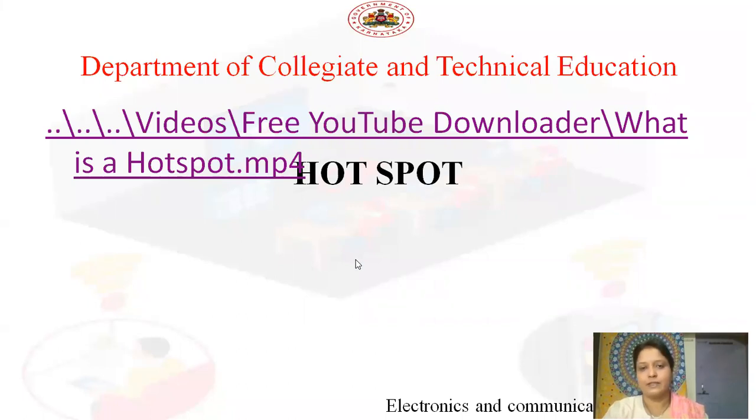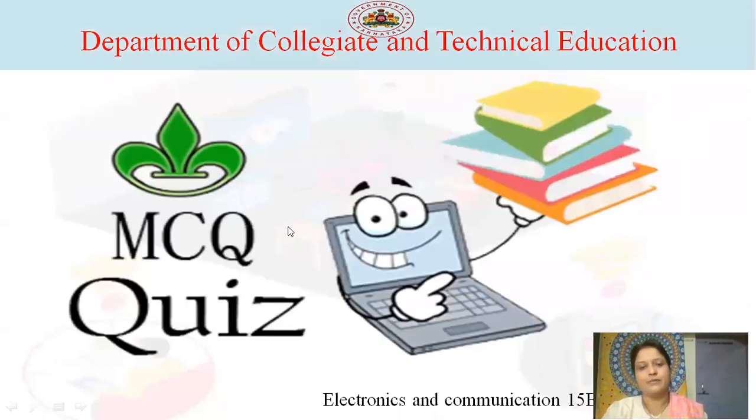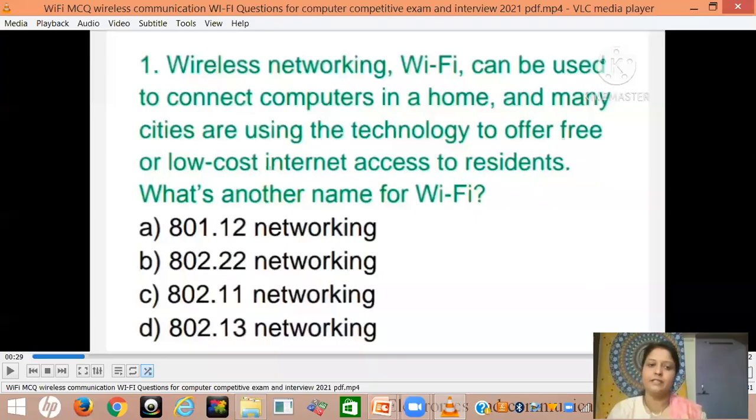Okay, students. Now let us move on to the MCQ quiz. First question: wireless networking Wi-Fi can be used to connect computers in homes and many cities using which type of technology? Is it 802.12, 802.22, 802.11 or 802.13? Which is the correct option? Which technology is Wi-Fi using?